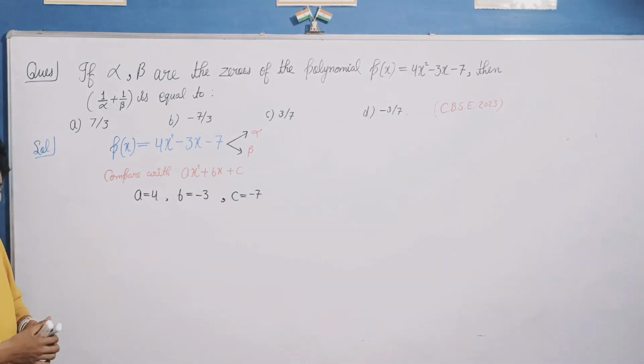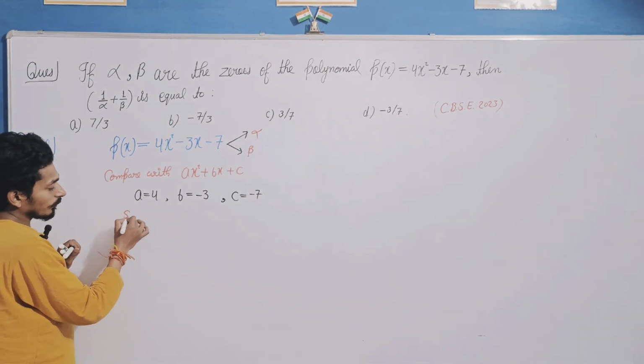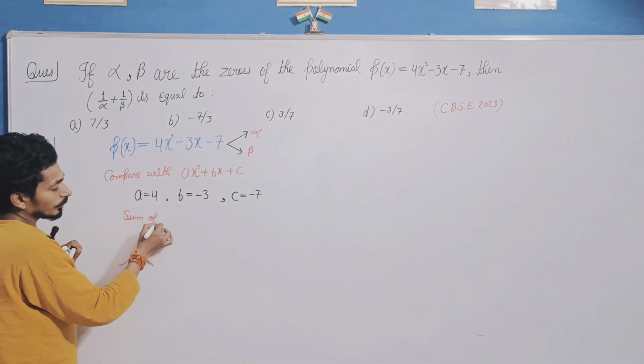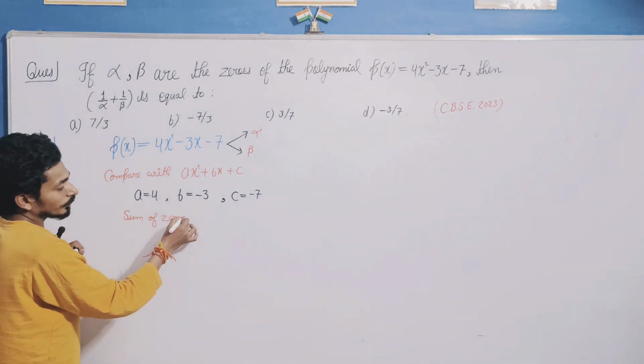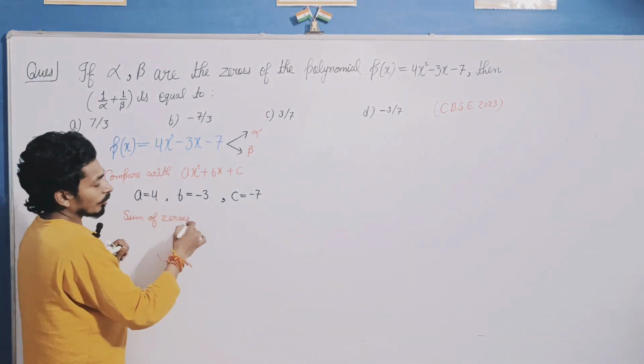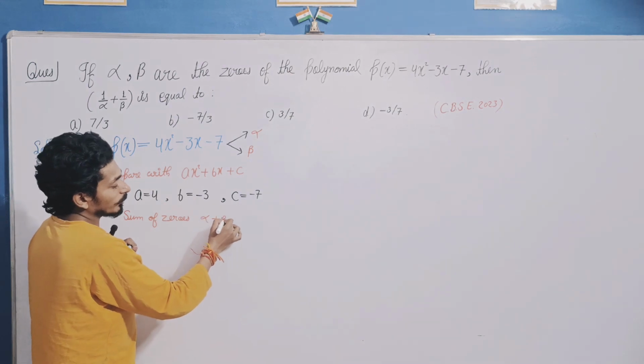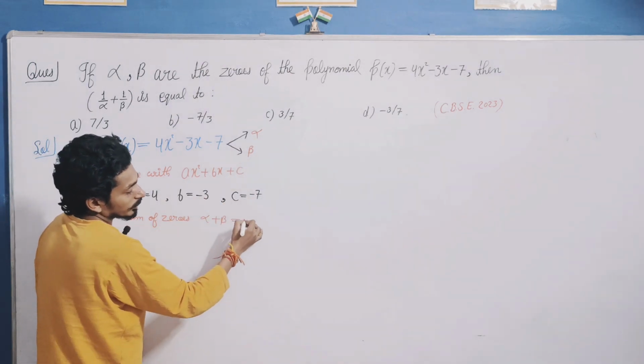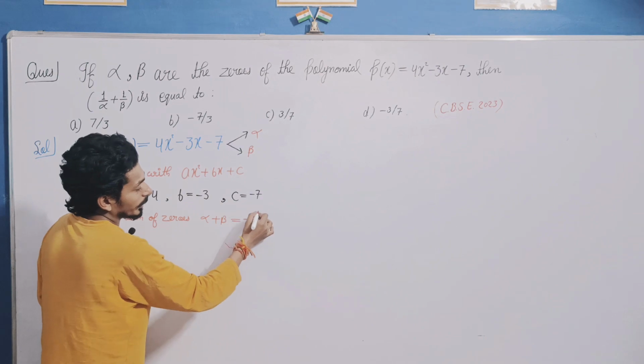We know that the sum of zeros of a quadratic polynomial, alpha plus beta, is equal to minus b upon a.